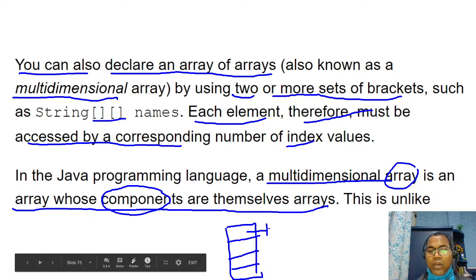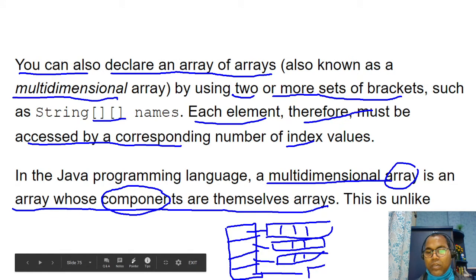So this is an array, and this element is also an array, this element is also an array, this element is also an array. So this is the multi-dimensional array. Array of arrays is known as a multi-dimensional array.